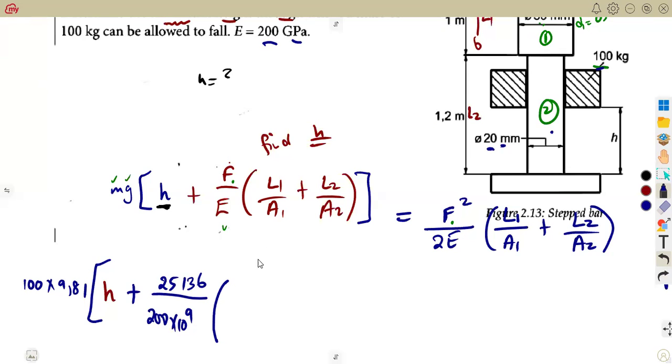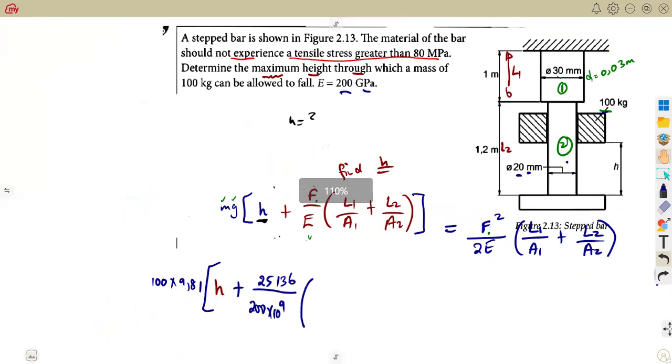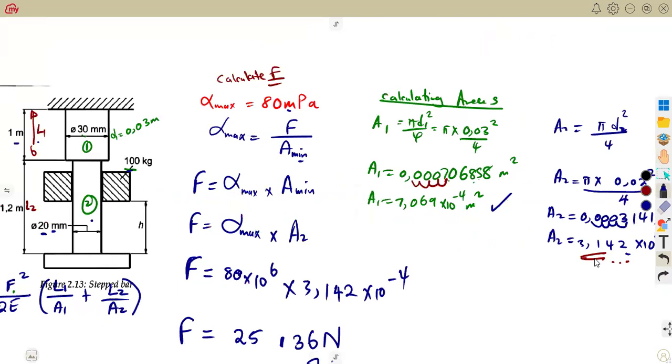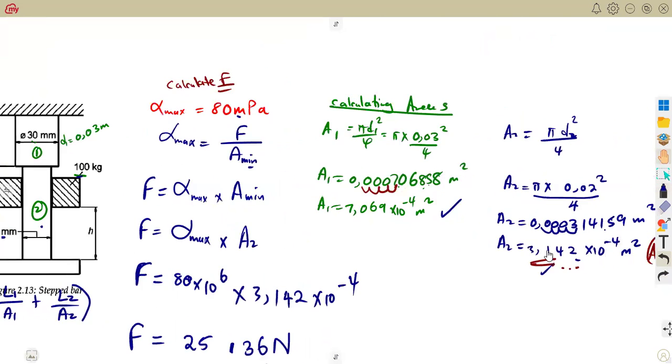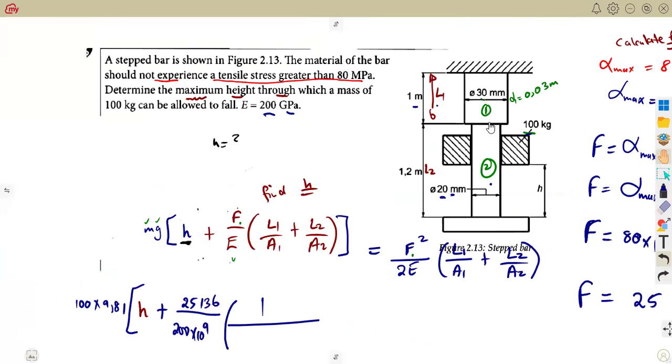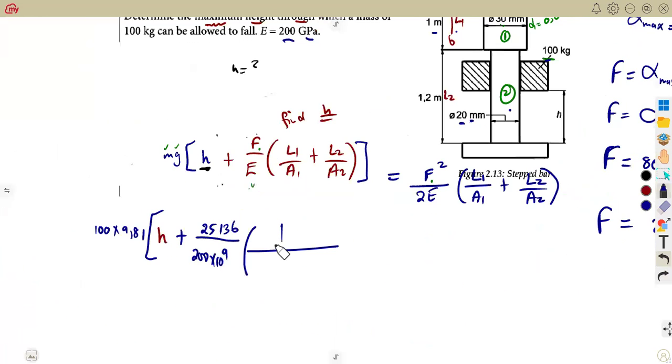So this is going to be into L1, according to our diagram, the length is there. L1 is 1 meter over A1. So you can use the pi d squared there, or you can just substitute the areas because you calculated these areas. Remember, area 1, you already have this, and your area 2. So you can use those ones, or you can substitute this pi d squared over 4. It's up to you.